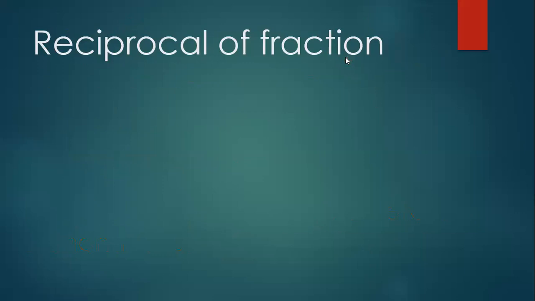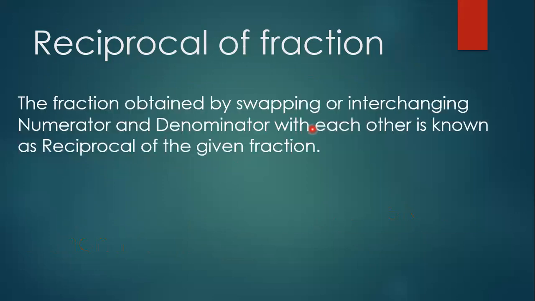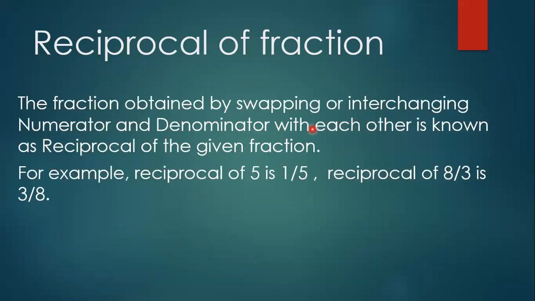Now, what is the reciprocal of a fraction? The reciprocal of a fraction is nothing but a number or a fraction obtained by swapping the fraction. That is, if there is a numerator and a denominator, if I swap them, that is, the denominator becomes the numerator and the numerator becomes the denominator, then we call it its reciprocal. Okay, like 5 can be written as 5 by 1, and when we swap it, it will become 1 by 5.